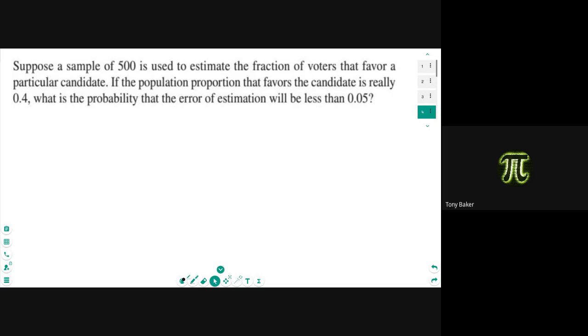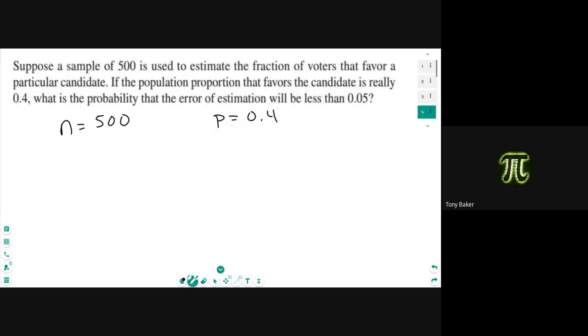But let's start with what we've got. So what are the two pieces of information I need? Yeah. N and P. So N is 500 and P is 0.4. Those are the two pieces of information that I need to do any of this work.